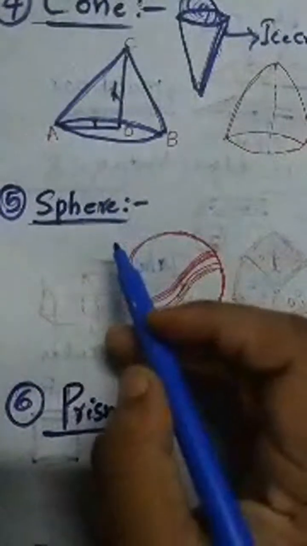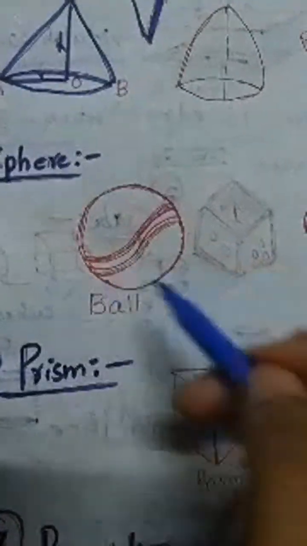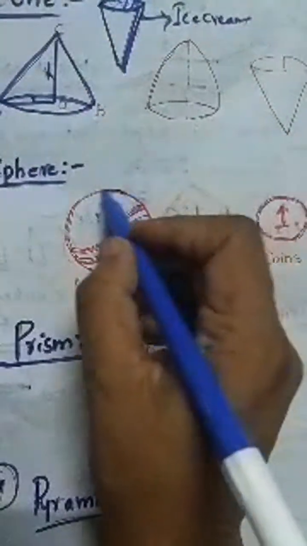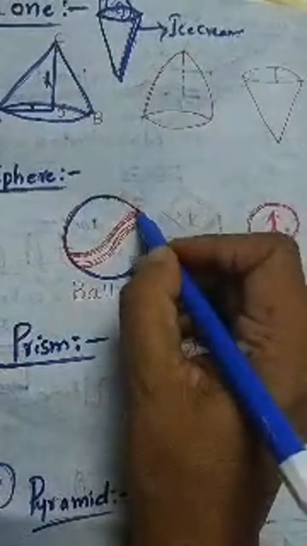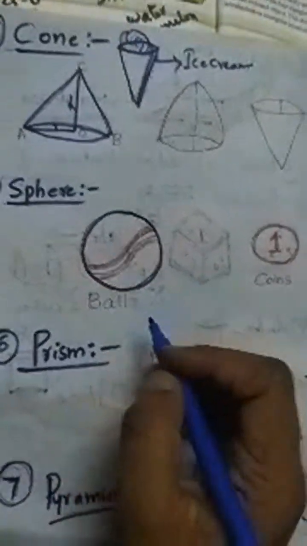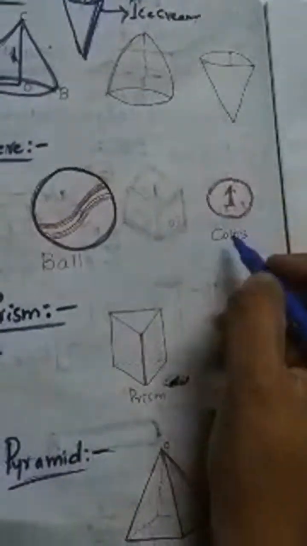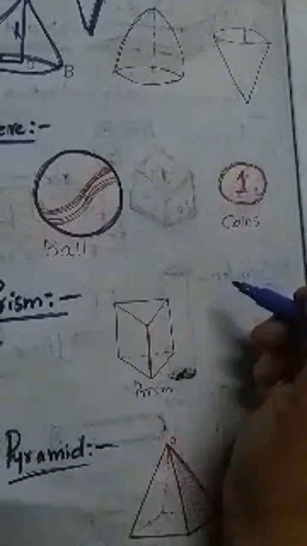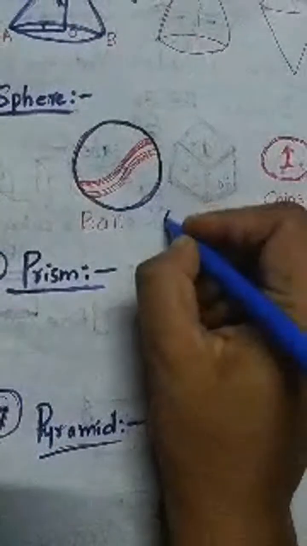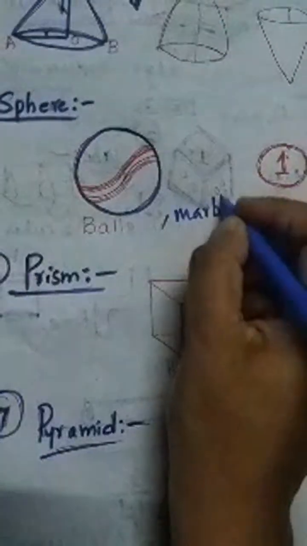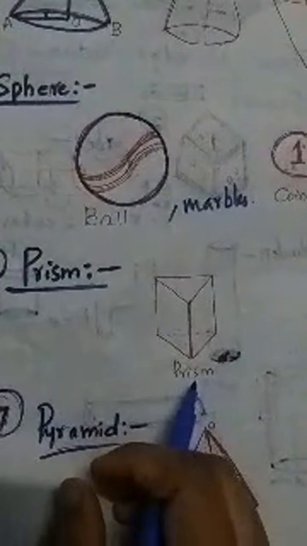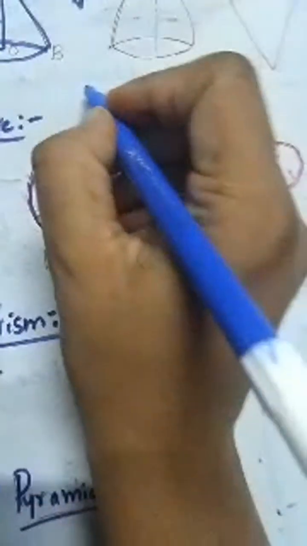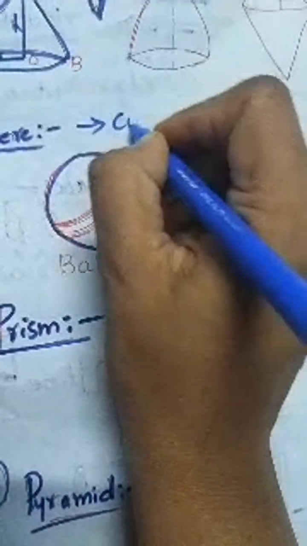Okay, now coming to the next 3D shape, that is the sphere. A sphere is a perfectly round shape. The exact example is a ball. A ball and a coin shape are also sphere shapes, like laddus and marbles also. In this, how many curved faces?